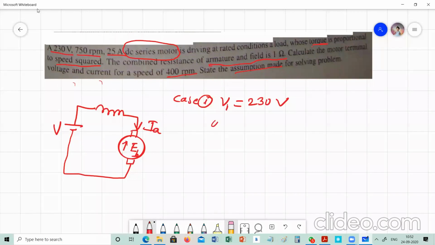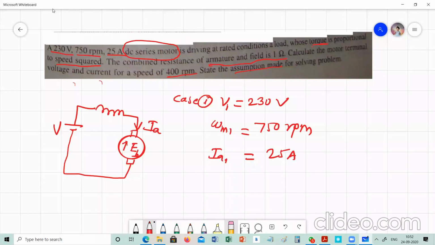Omega m1 is equal to 750 RPM. Then the current IA1 is equal to 25 ampere.